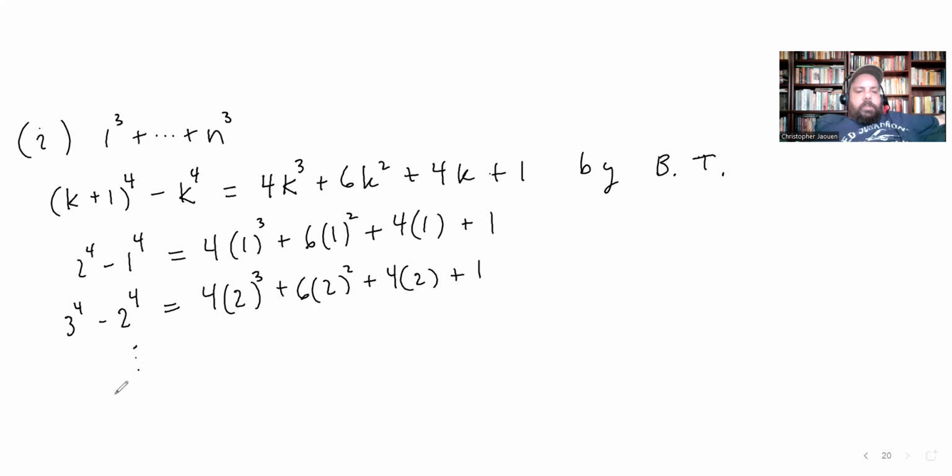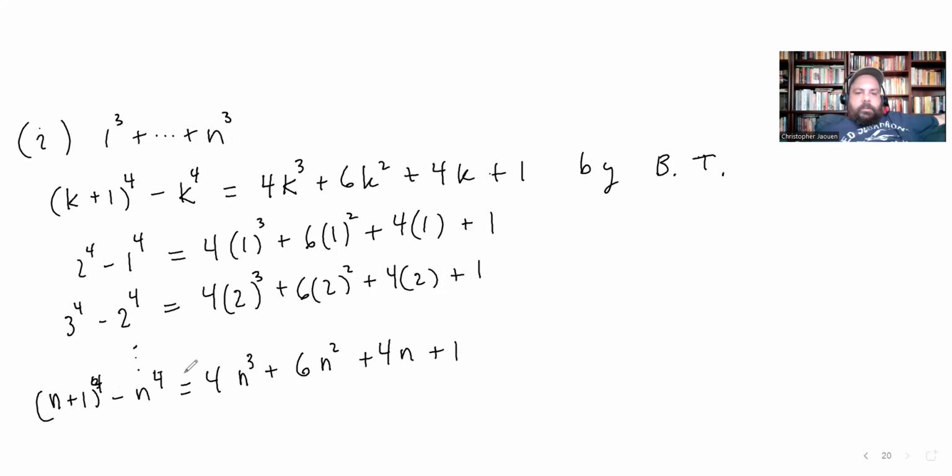And again, you can just keep going until you get to n plus 1 to the 4 minus n to the 4, which is 4n cubed plus 6n squared plus 4n plus 1.